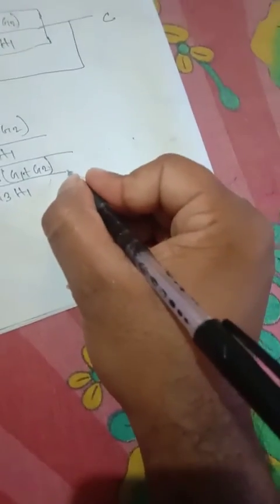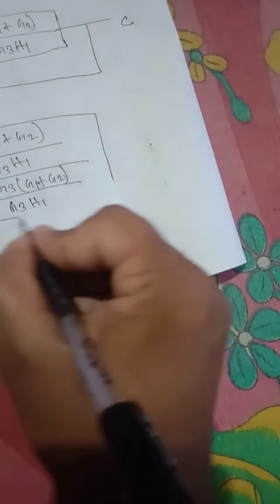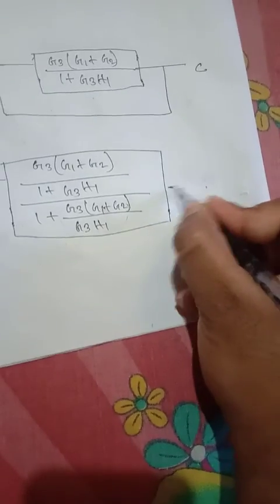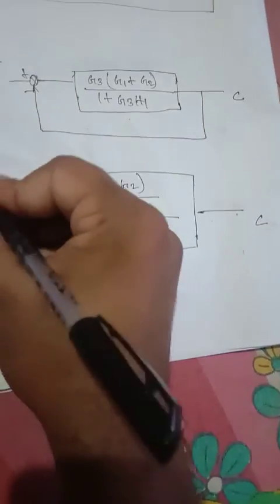Here H is 1, so the value of H is 1, and 1 multiplied with the whole is the same. Now see step 4.